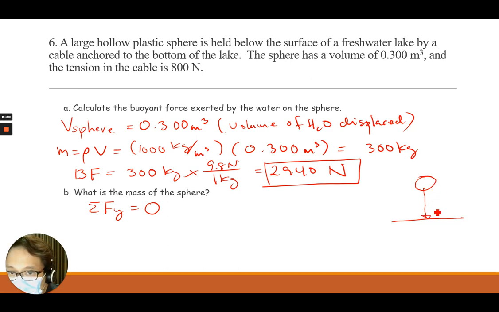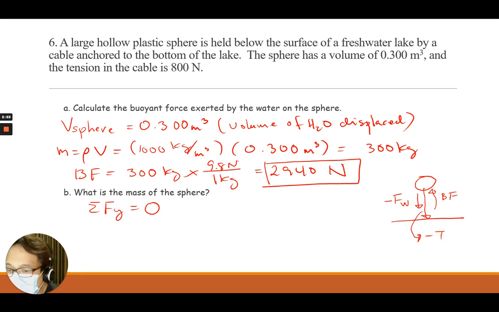There is an upward force, we call that the buoyant force. There is a downward force, we call that the weight of the hollow sphere. And then there is a tension, the cable pulling it downward.